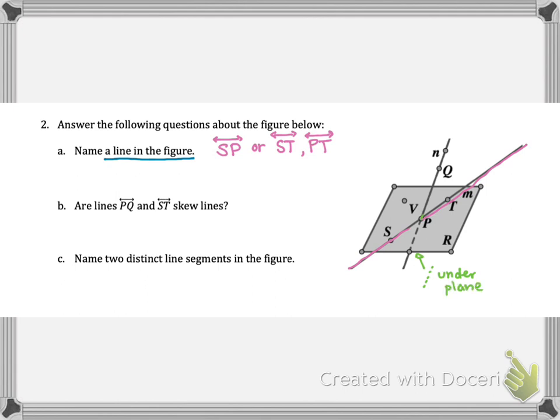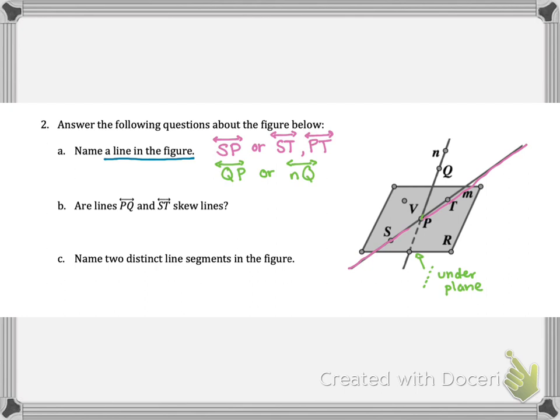So this line starts above the plane and cuts right through the plane. So there are only 2 distinct points that are defined on the green line. So we'd have to label it QP, or I suppose we can use that little lowercase n, right? Or we could label it NQ or something like that. Not sure why it's lowercase and everything else is uppercase. Okay?